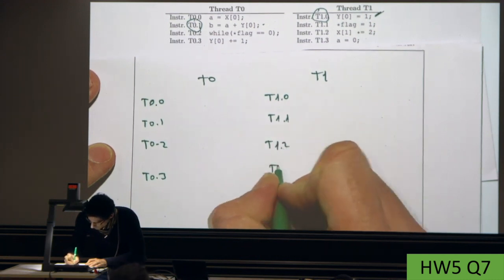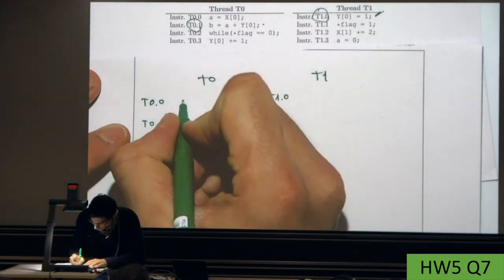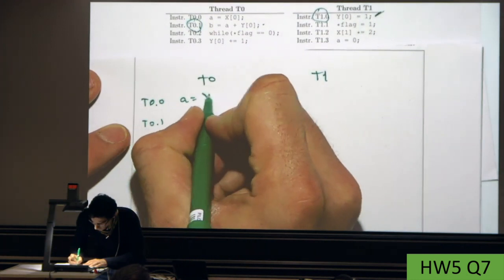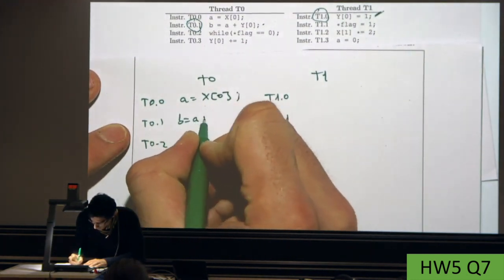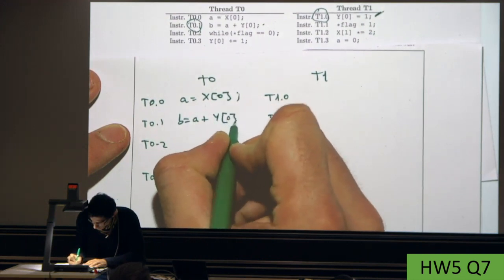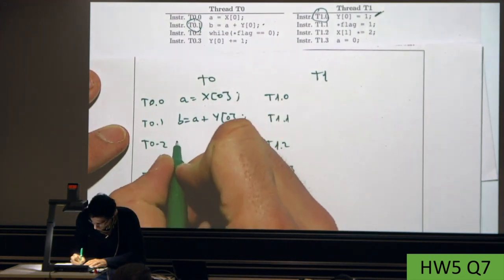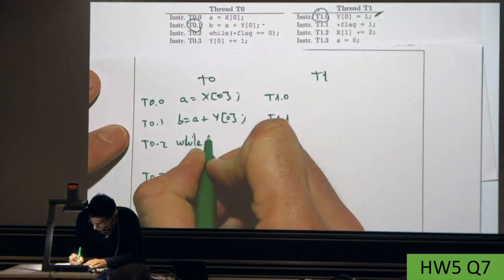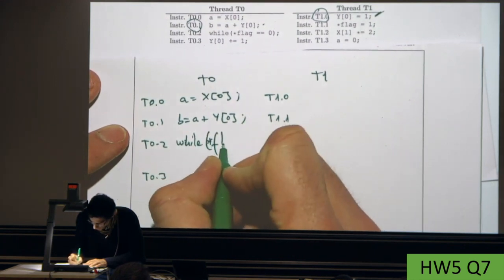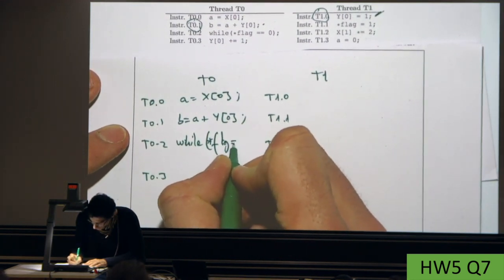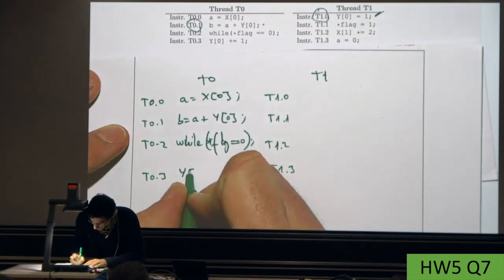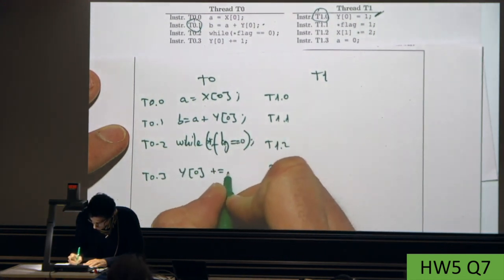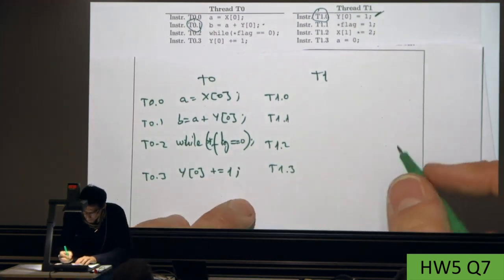This is T12, this is T13, and here we have A equal X0, B equal A plus Y0. Here we have the while loop with the flag, and here Y0 plus equal 1.